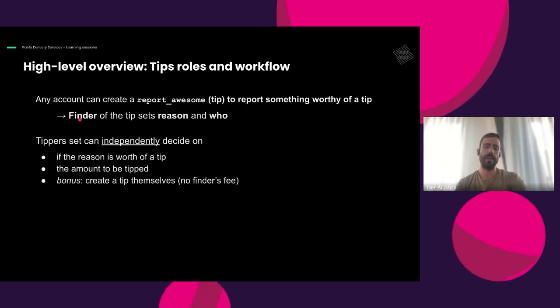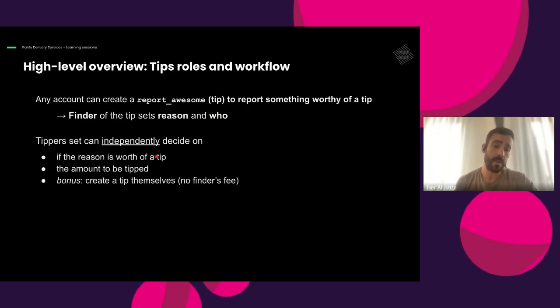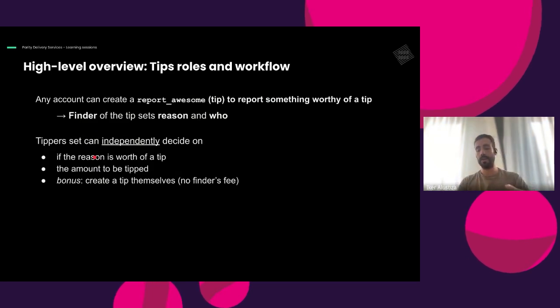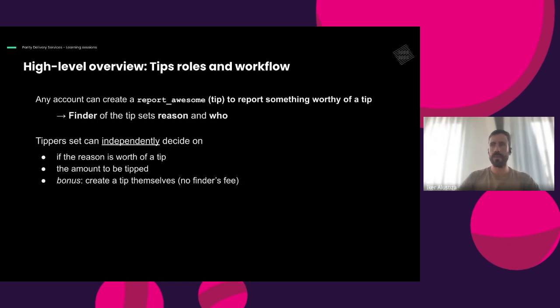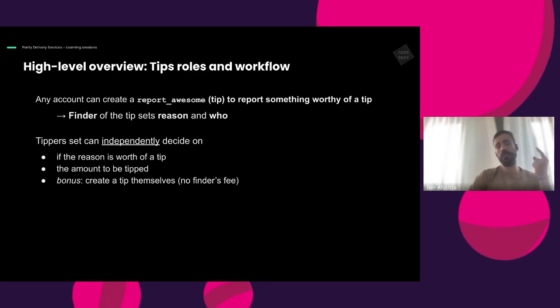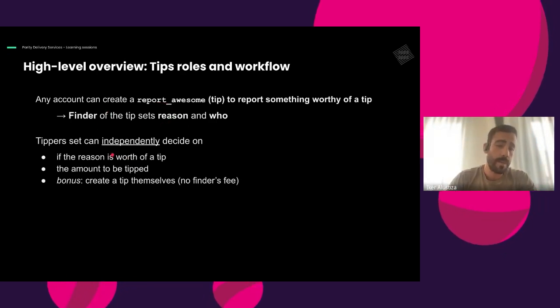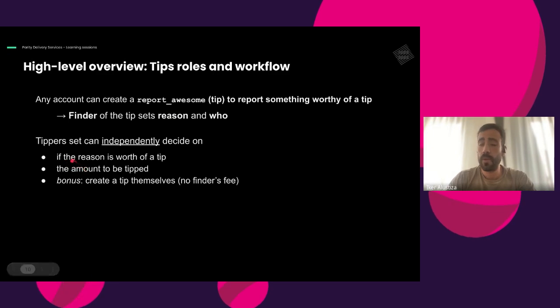So interesting here is that the tipper set, which is the council in Polkadot and Kusama, can independently decide on these things. Independently means that they are not, as before, voting for a specific outcome. With the same call, they will say if the reason reported here is worth a tip, and they will also assign an amount.